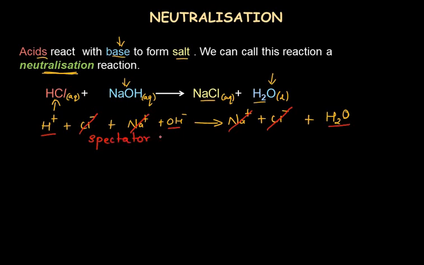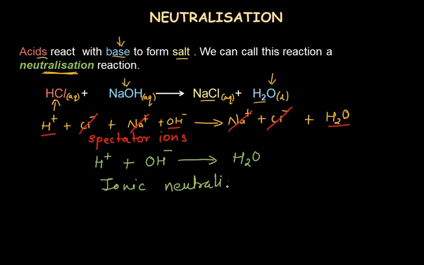Now why are these called spectator ions? Because these are the ions which do not participate in the reaction. So after cancelling the sodium and chloride ions, we are left with the hydrogen ion and hydroxide ion forming a water molecule. So this is the final ionic equation of the neutralization reaction.